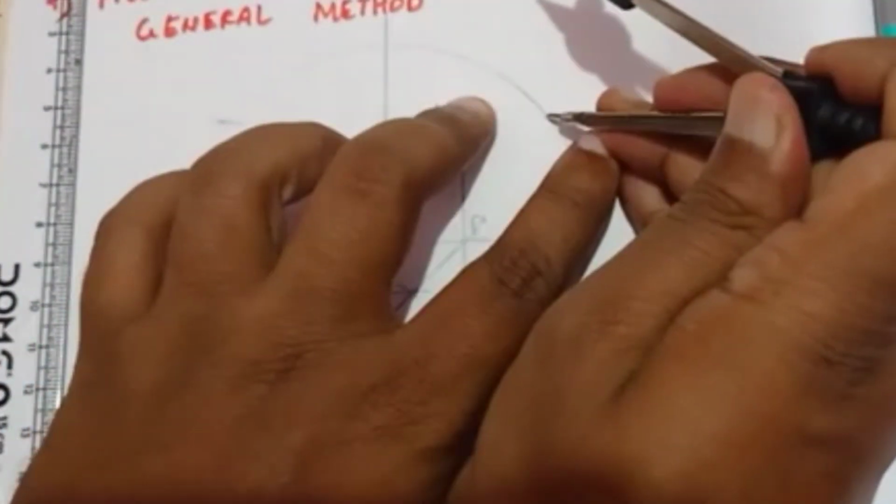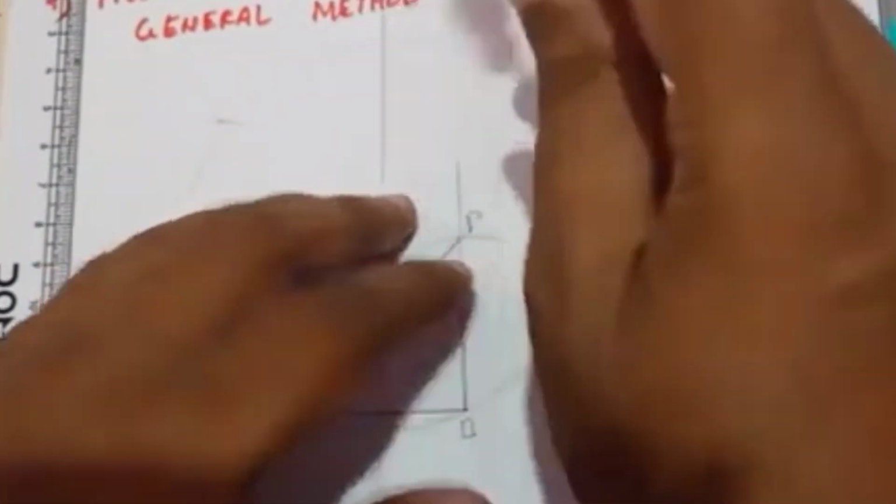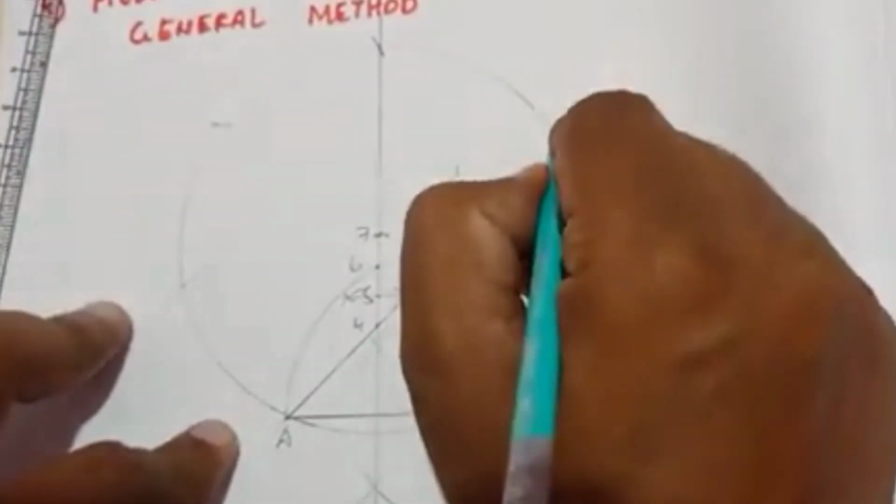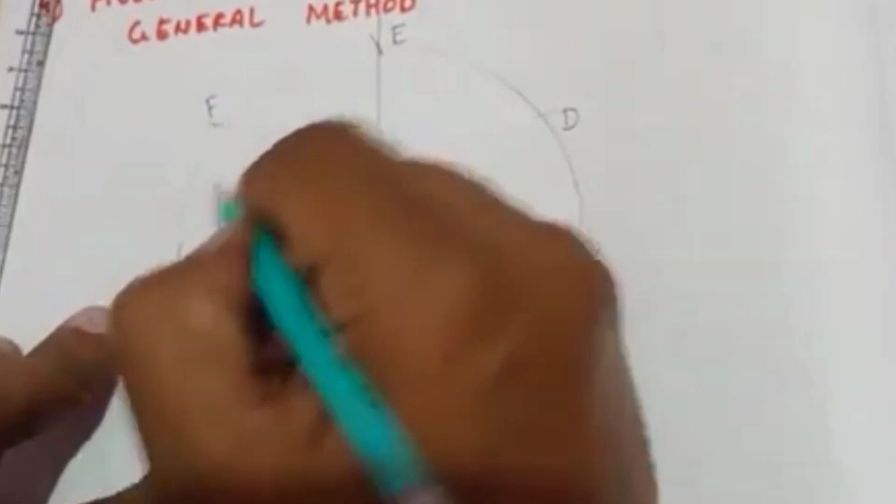From this end we can construct. It is cutting exactly at the point, so it is C, D, E, F and G.